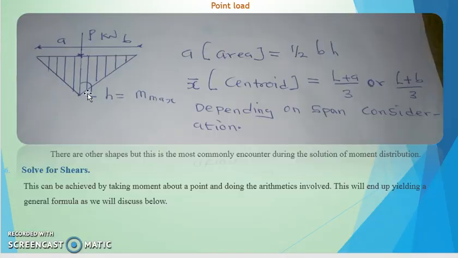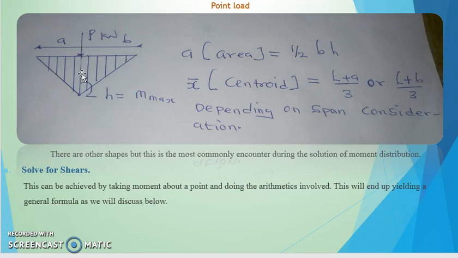Then the point load usually gives a triangular shape. This particular point load here, P in kilonewton, is at the distances A and B. You can see the distance is not equal when I talk about not equidistant, or equidistant. You can see from here and here that the length from here to here is actually bigger than from here to here. So the point load is not equidistant from the supports holding it in place.